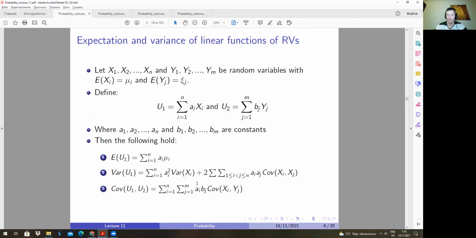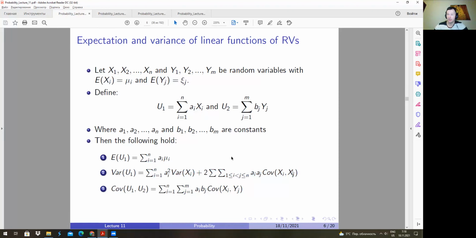We don't have any variance here, only this, which is more or less simple, because now we need to calculate the mutual covariances of x1 and y1, x1 and y2, x1 and y3, and so on, depending on how many y's we have, then x2, y1, x2, y2, and so on. So we calculate these pairwise covariances, multiply them by the respective coefficients, and then sum over all i's and all j's.